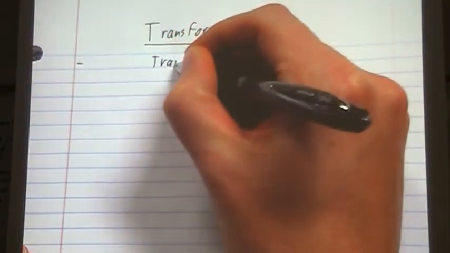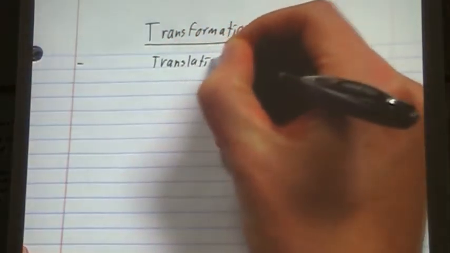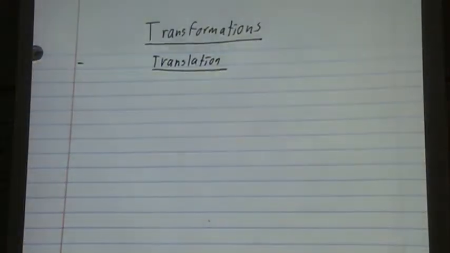So, first one we're going to talk about is a translation. And this is really like a slide that moves all points the same distance in the same direction.